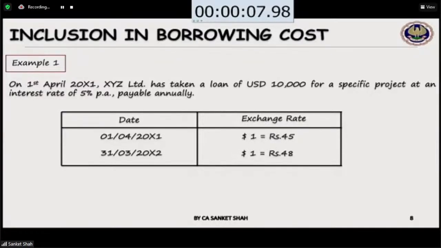चलो सॉल्व करो. No, beta, we are not deciding.